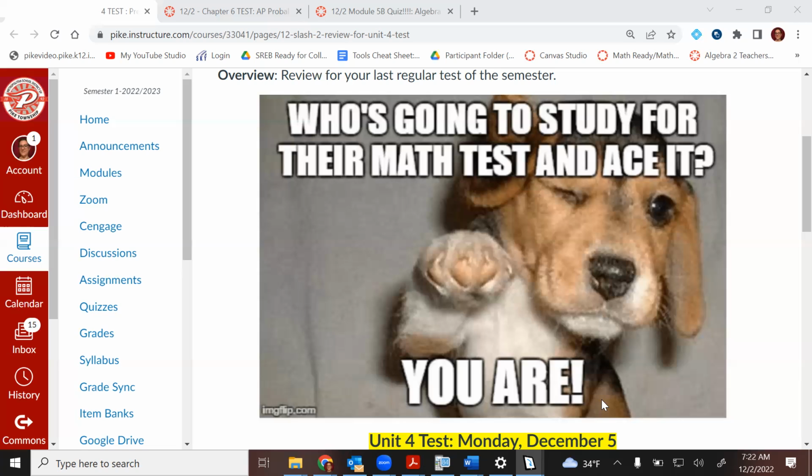Now I can do my product property. I have all the same bases on my logs, and they are being added together. So we can write this as log base 5 of x times the square root of x times the cube root of x equals 2.